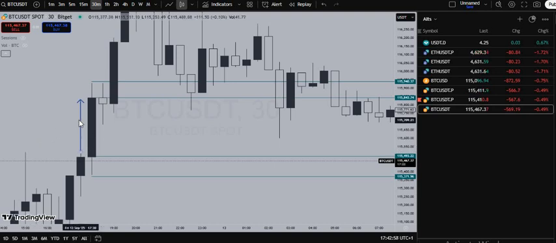Now let's flip it a bit. Let's look at, in the bearish case, what the open, high, close and low of the candlestick are going to look like.